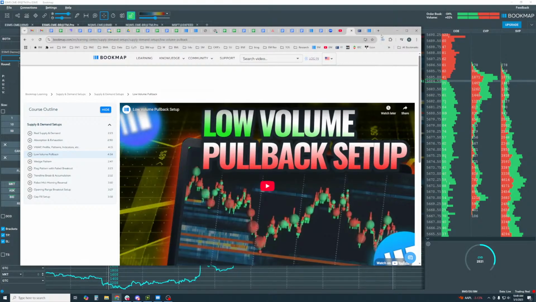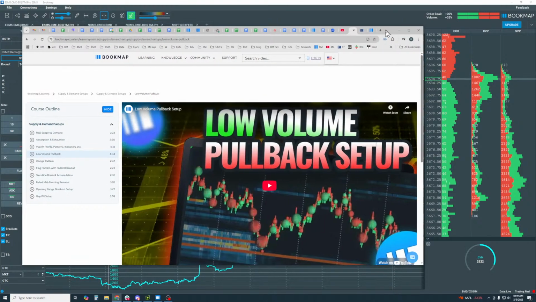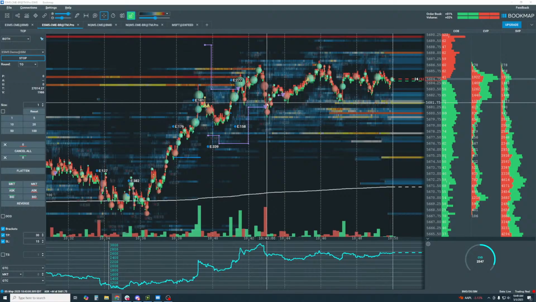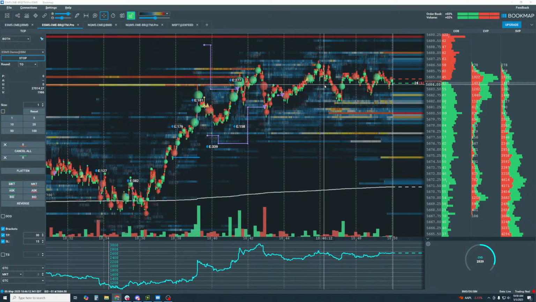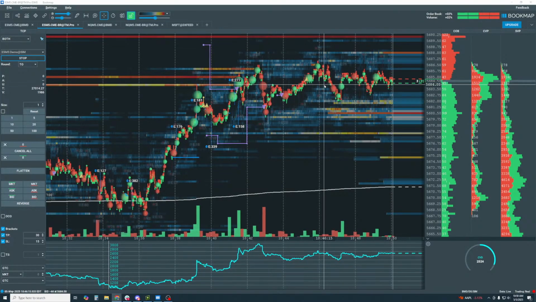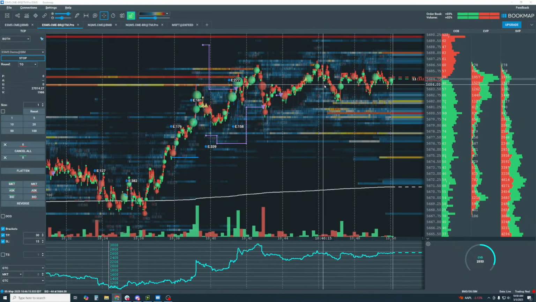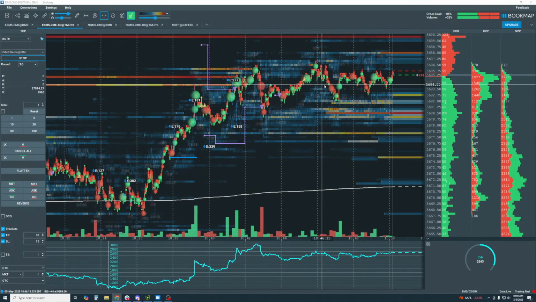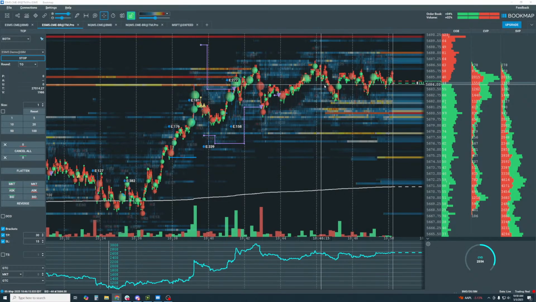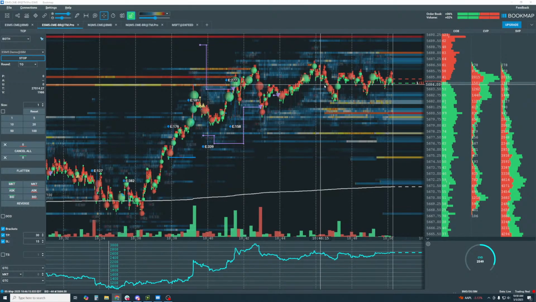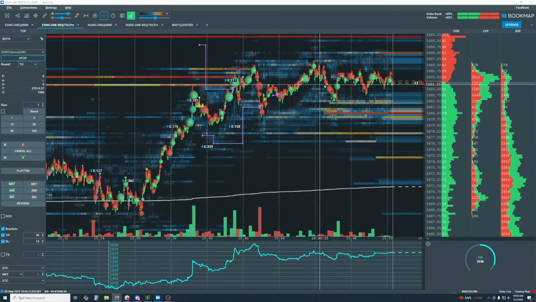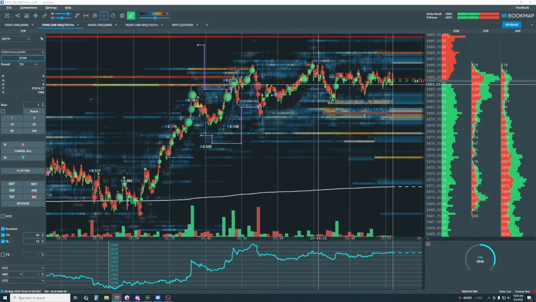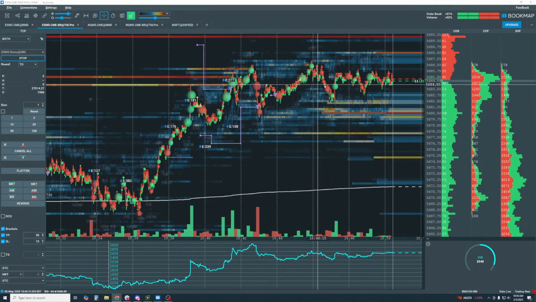So a lot of us look at it being something like moving averages, or a pullback to VWAP or whatever. It's the same concept. You're looking for these pullbacks on low volume, and because there's no interest, we see that there's a trending market, and due to that trending market, there's not too much interest in counter trend trading.